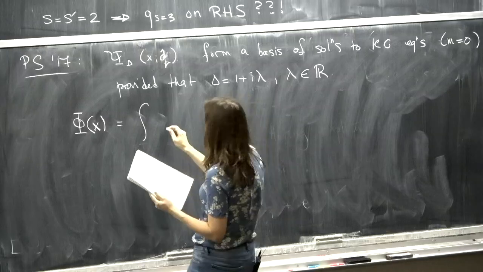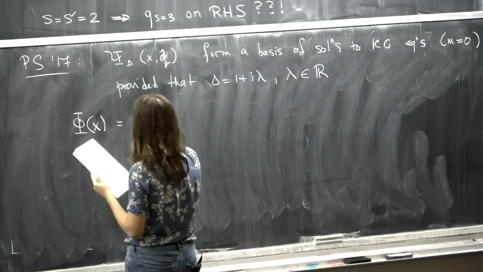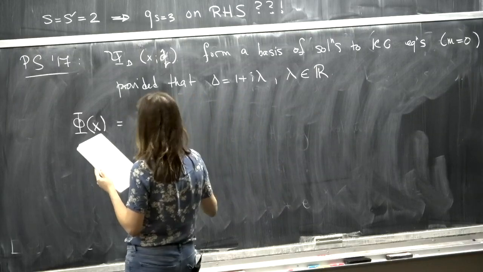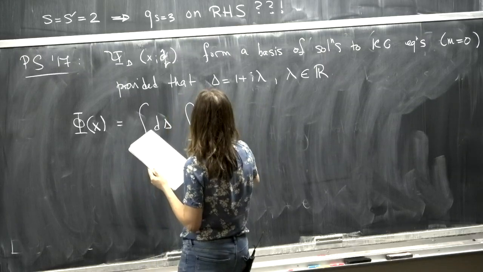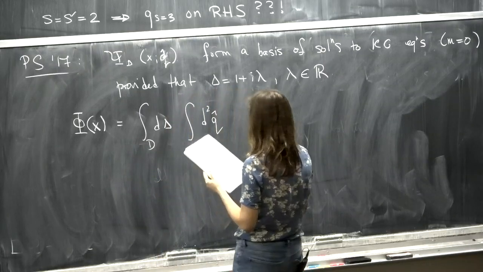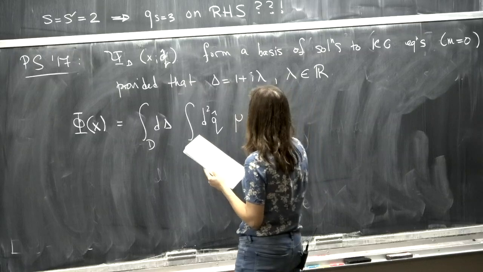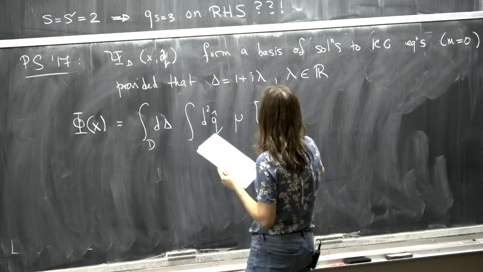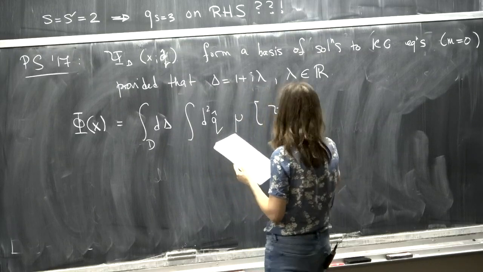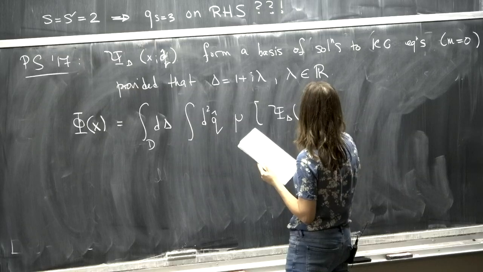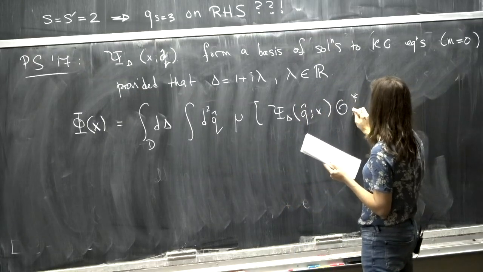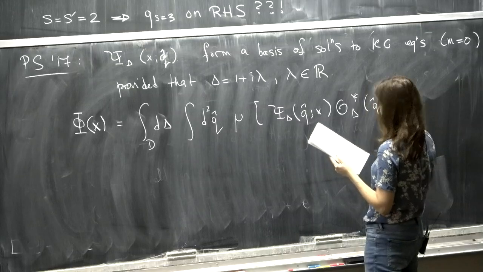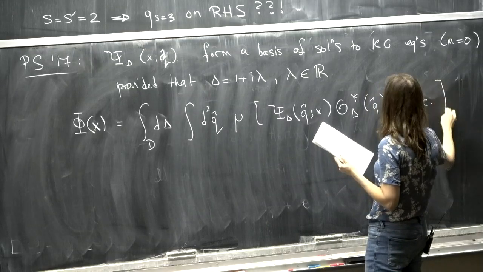Okay, so what this means is that I can take my on-shell bulk field phi(x) and expand it in this basis. And so we have an integral over all deltas, since delta is a continuous parameter, and then we have an integral over d q hat of some measure mu that I'm not going to write down. And then we have psi of delta, q hat, x, and then O star delta of q hat plus Hermitian conjugate.